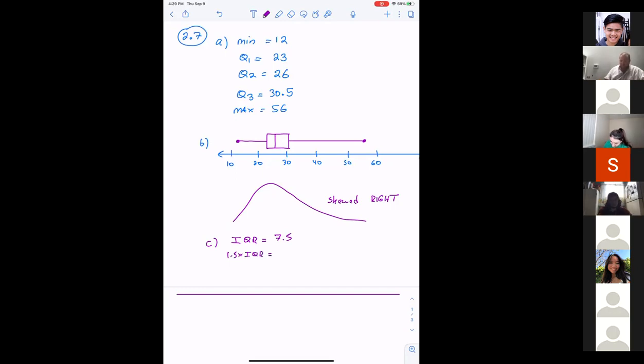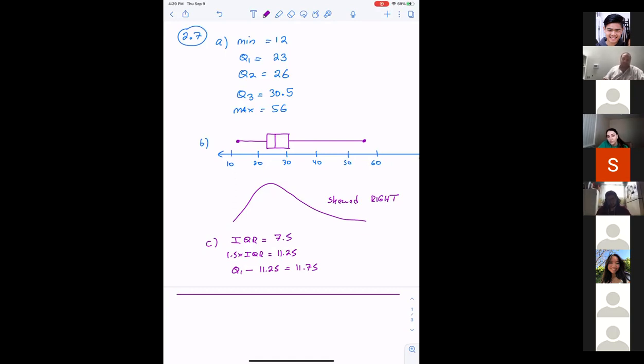What does that give us? $11.25. And then we do Q1 minus that number. What is Q1 minus that number? $11.75. And anything past 11.75 is considered an outlier.